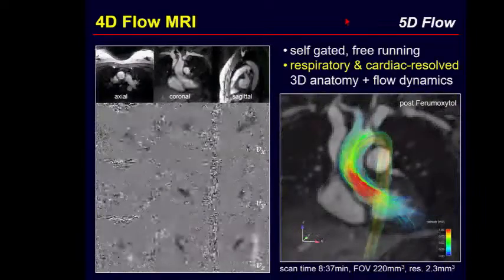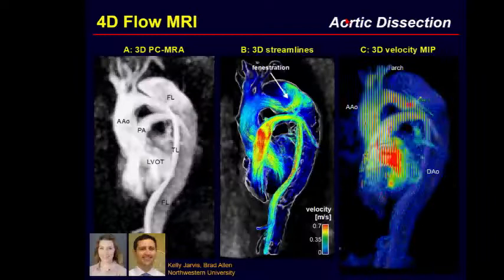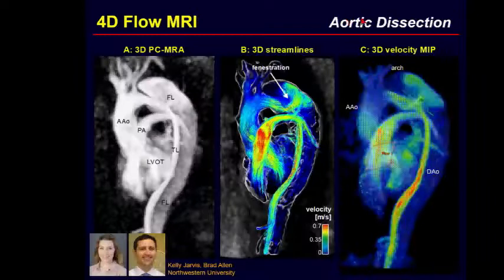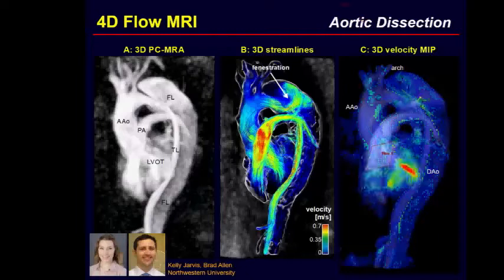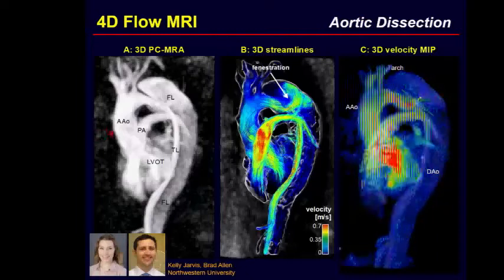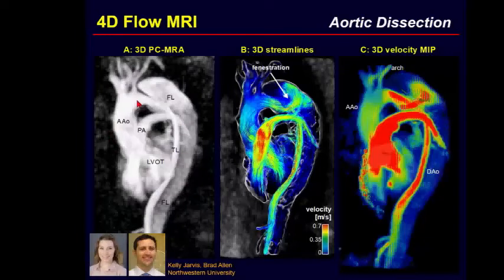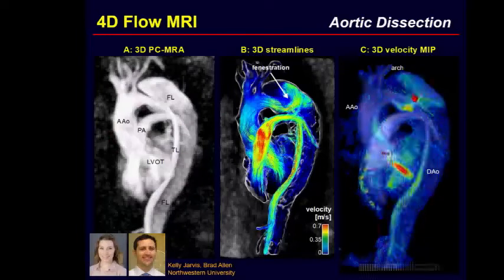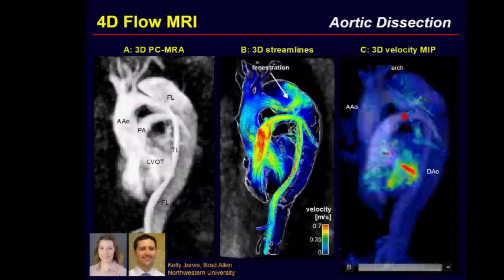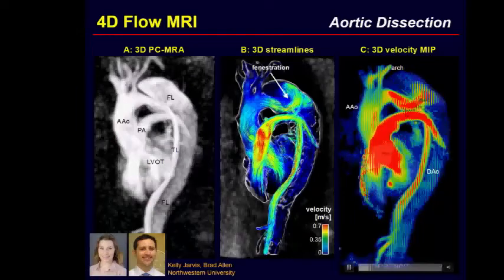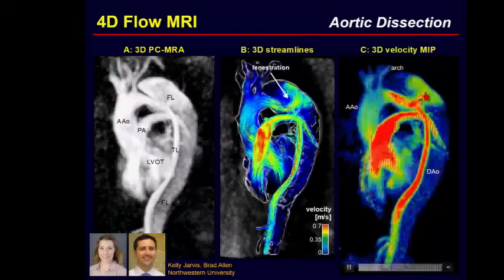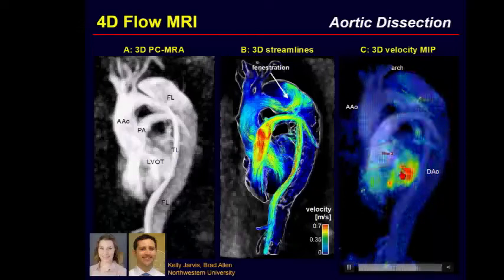Once you have that data, there's a blessing and a curse to it. It's very rich data, so you can derive a lot of different information from one data set, as shown here in this case with aortic type B dissection. So an angiogram, 3D streamlines visualization, or this velocity maximum intensity projection that nicely shows you the communication between the true and false lumen through this fenestration, or here the aortic valve insufficiency.